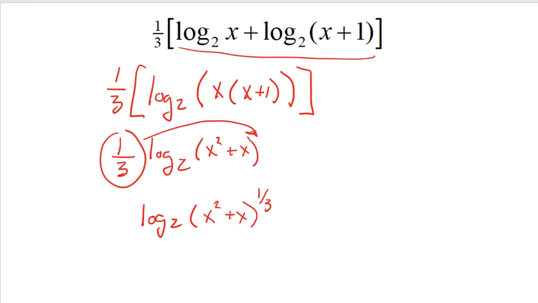Again, it goes on the outside. X squared plus x is a quantity. It raises up outside of that. And that's a great answer. Listen, I want to give you full credit for that. But there's one more thing you could do. I hope you know that 1/2 is a square root. Well, 1/3 is a cube root. So I could make this look even nicer by saying log base 2 of the cube root of x squared plus x.